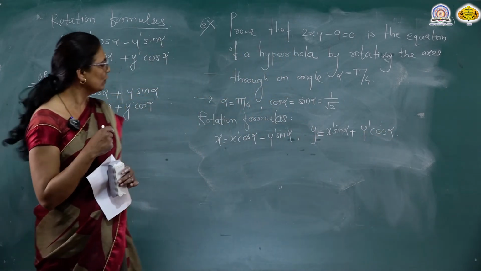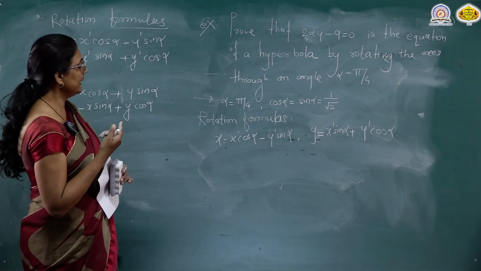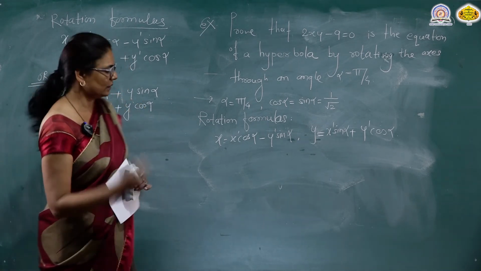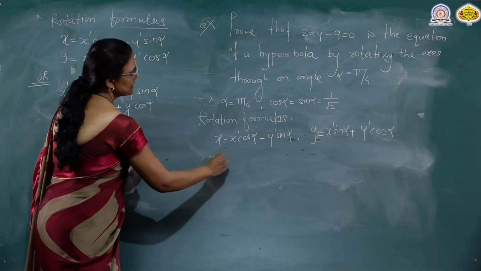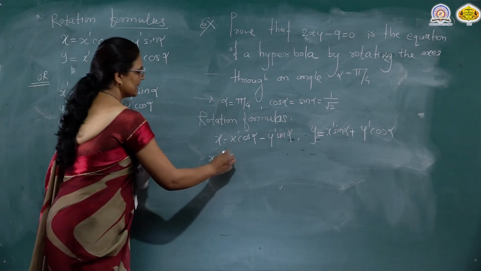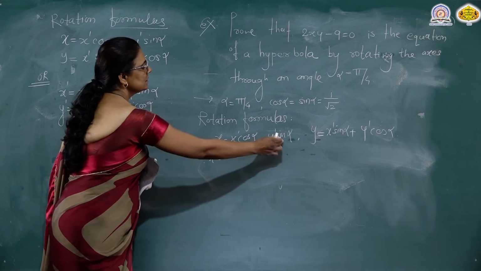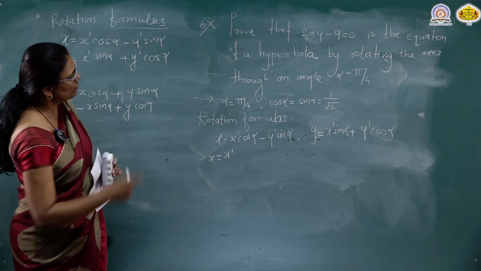Now here put the value of cos alpha and sin alpha only. So x is equal to x dash, and the value of cos alpha and sin alpha both are the same, which is 1/√2.